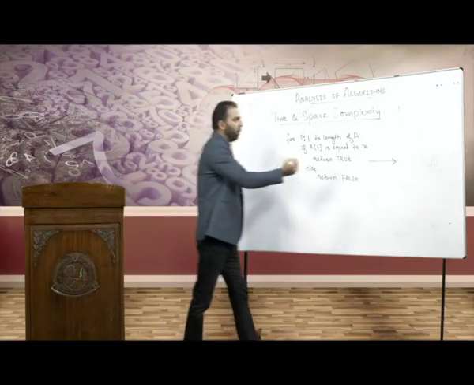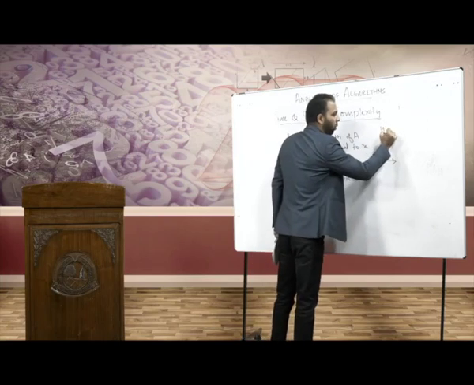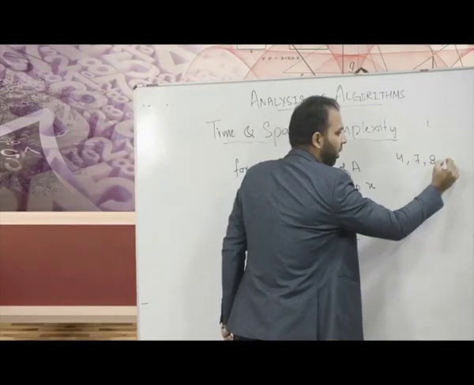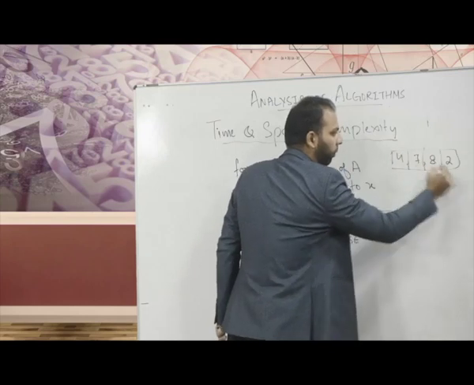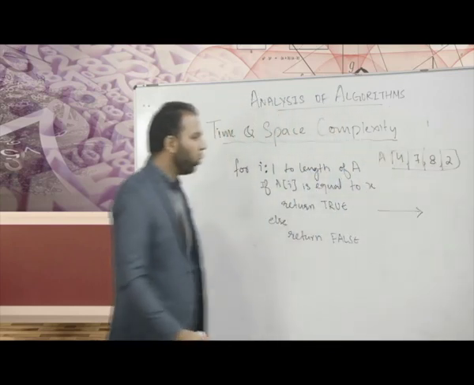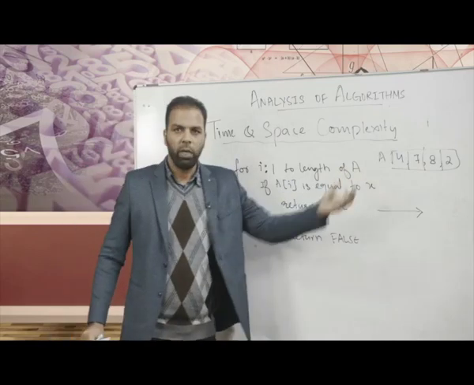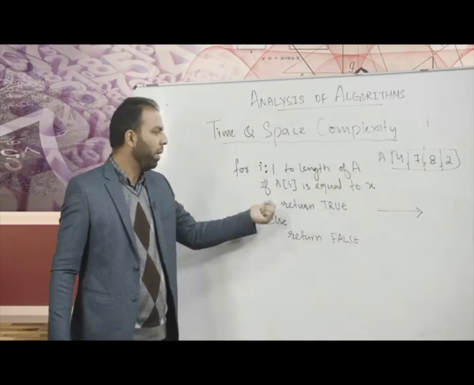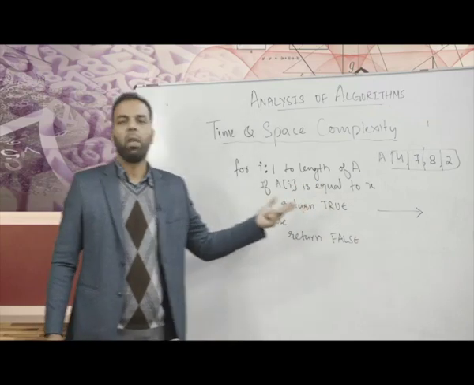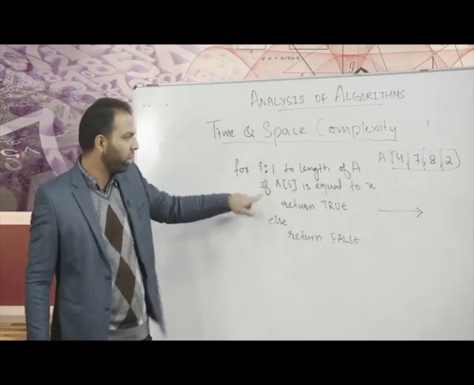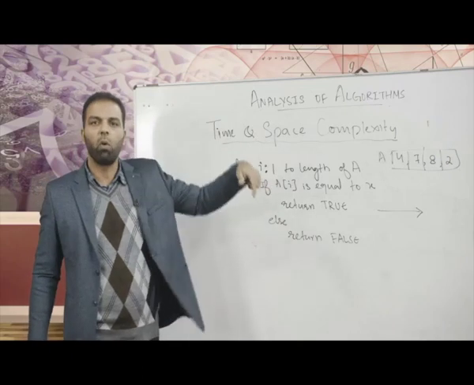Say your a has elements 4, 7, 8 and 2. If the value of x is 4, it will be executed only once. If the value of x is 2, it will be executed 4 times, because this condition has to be checked 4 times.